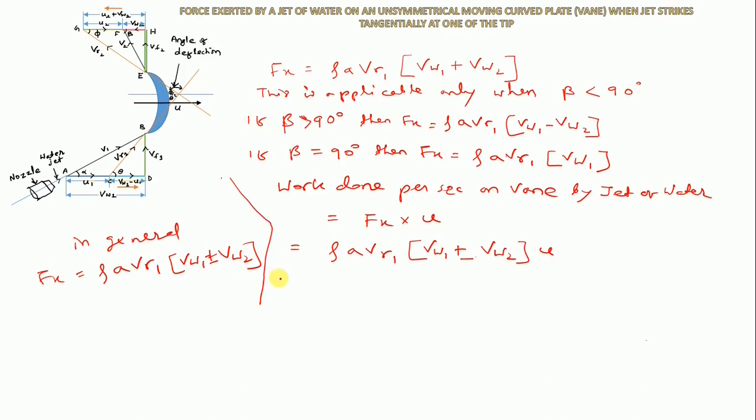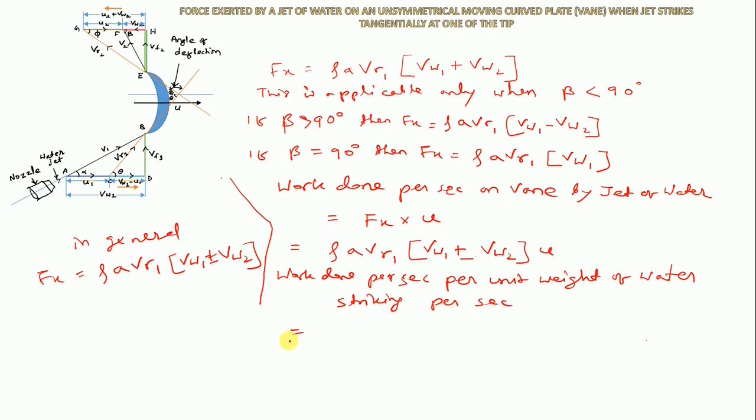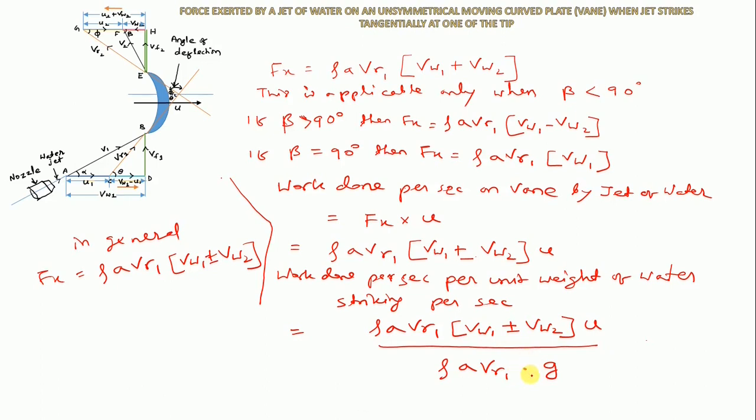Okay, next, work done per second per unit weight of water striking per second is equal to rho a Vr1 into Vw1 plus minus Vw2 into u, divided by rho a Vr1 into g.